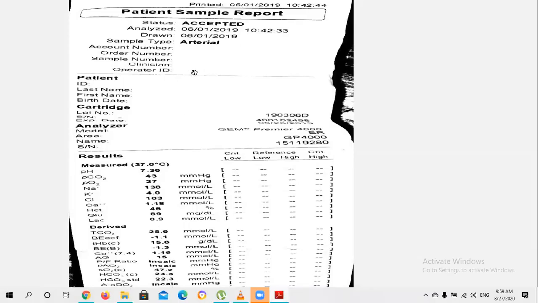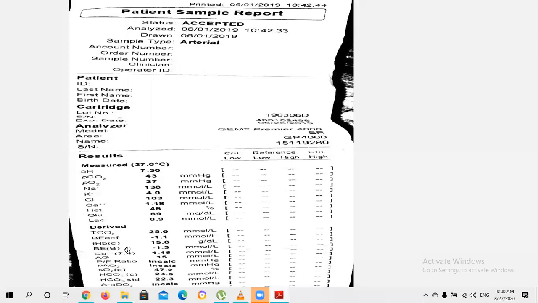This is something I took from a patient. It's a real patient ABG paper. As you can see here, this is the patient sample report. Status is accepted. This is arterial blood gases, not venous blood gases, okay? Here we have the patient ID and so on. These are our components.